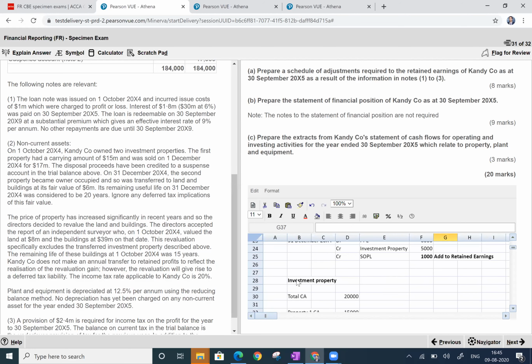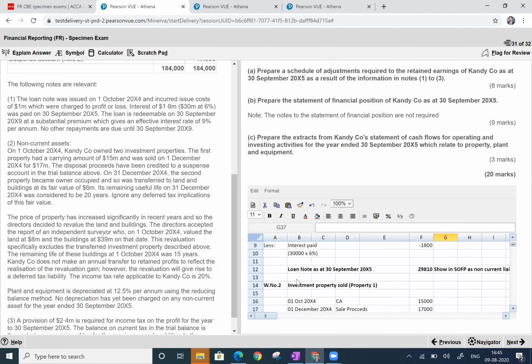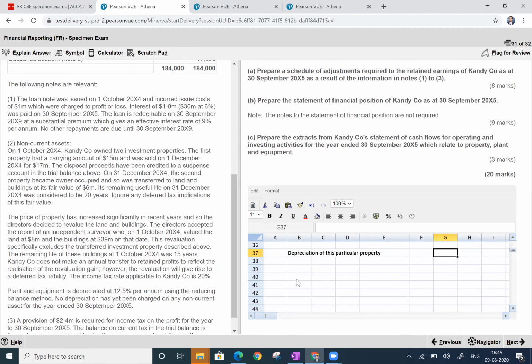Its value is now 6 million, or 6,000 divided by 20. Now, that is from 31st December X4 onwards. Your year end is in September, so into 9 by 12.